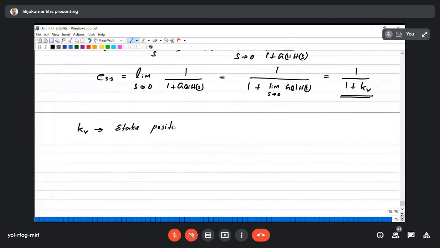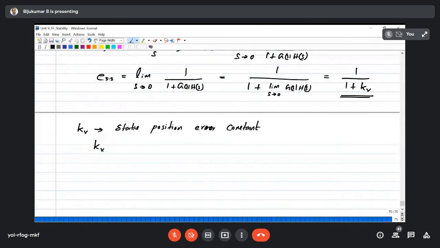We will see why it is called static position error constant in the coming class.